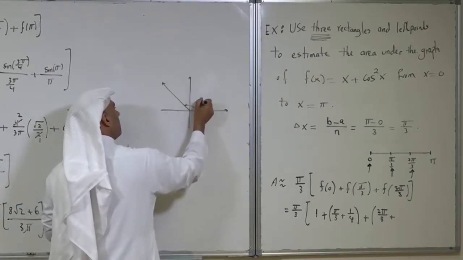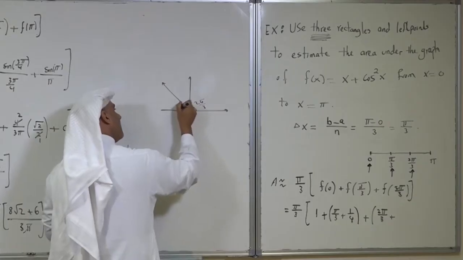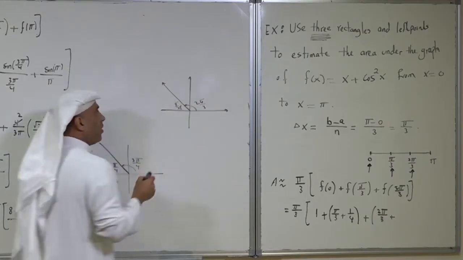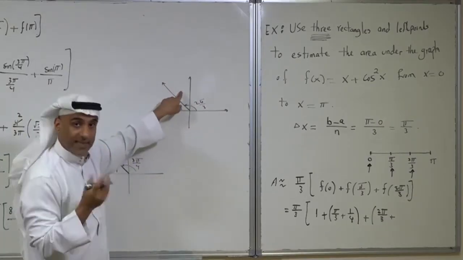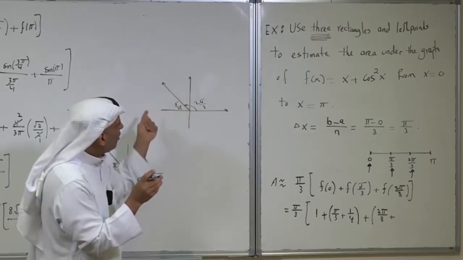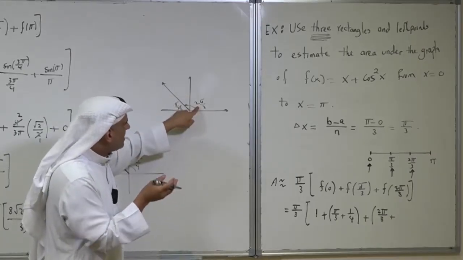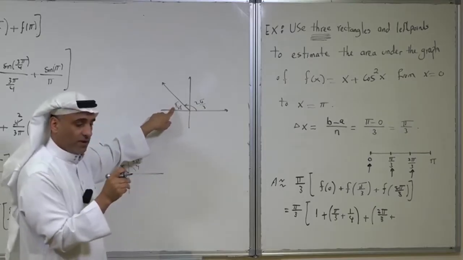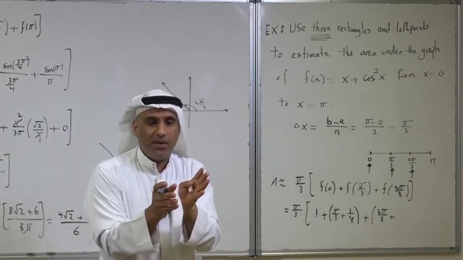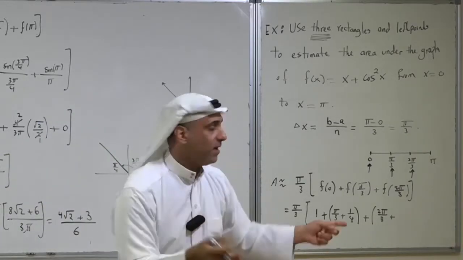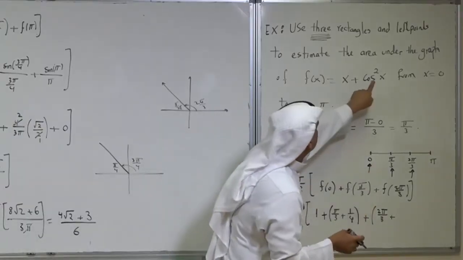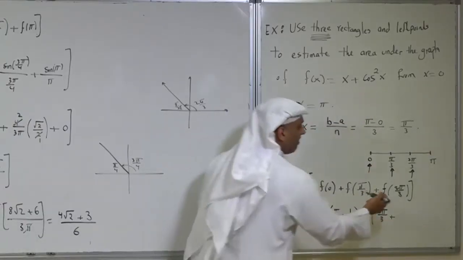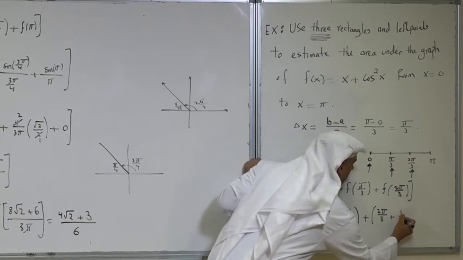This is 2 pi over 3. The reference angle is pi over 3. But cosine in the second quadrant is negative. So the value of cosine 2 pi over 3 is equal to minus cosine pi over 3, which is minus 1/2. But here, does it make a difference? Why? Because we have squared. So simply, it is minus 1/2 squared. That is again 1 over 4.